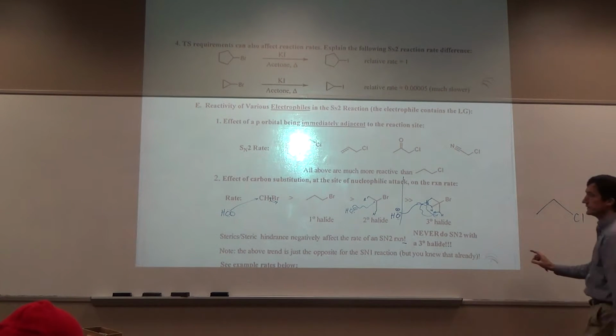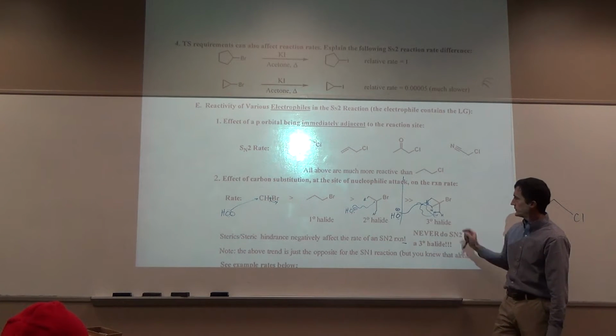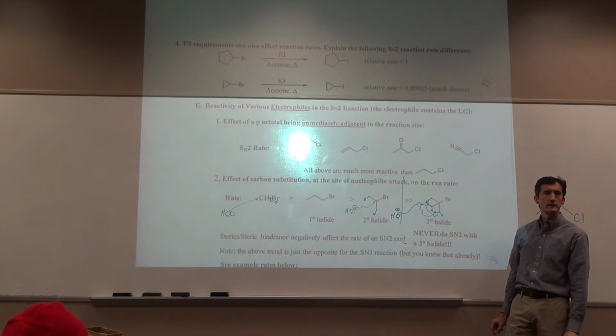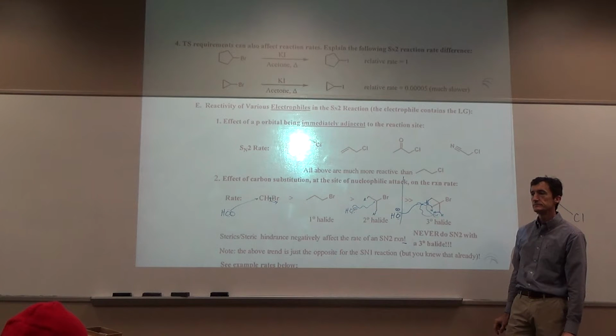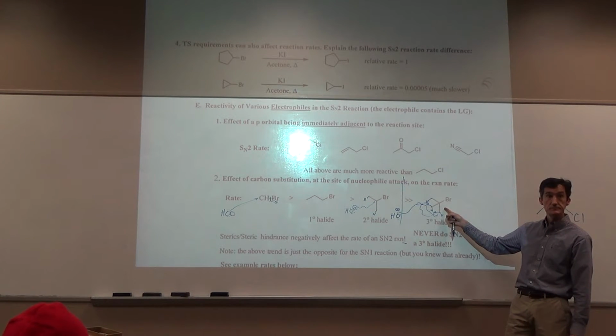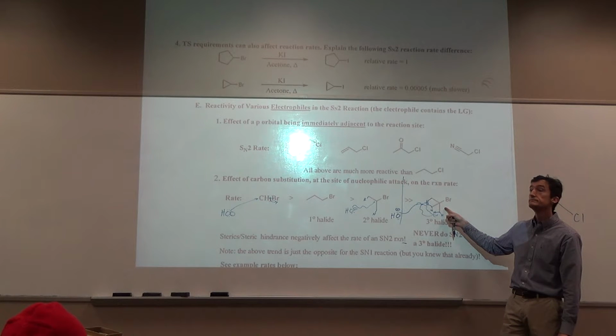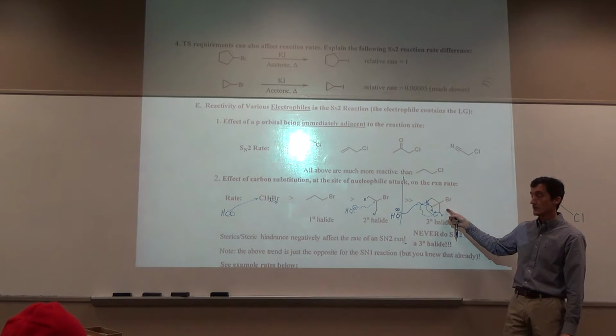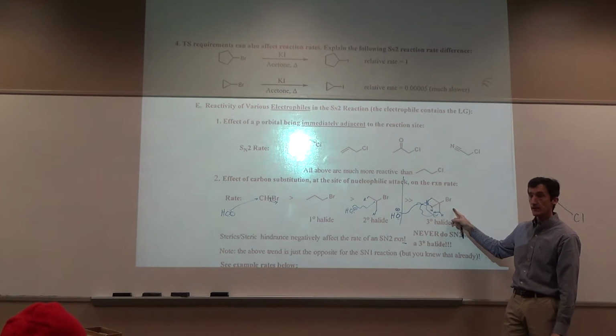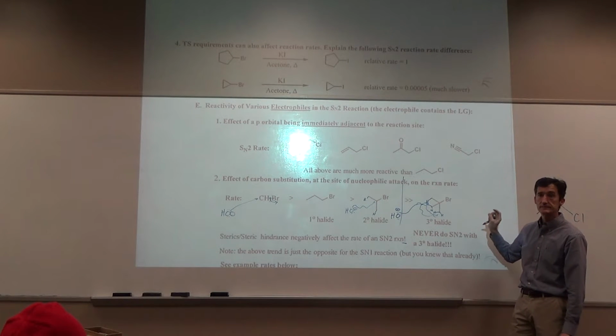What about SN1? Which one of those four would be best for SN1? Tertiary. Because the rate determining step in SN1 is formation of what? Carbocation. Which one's going to be the easiest to make the ionization to give carbocation?